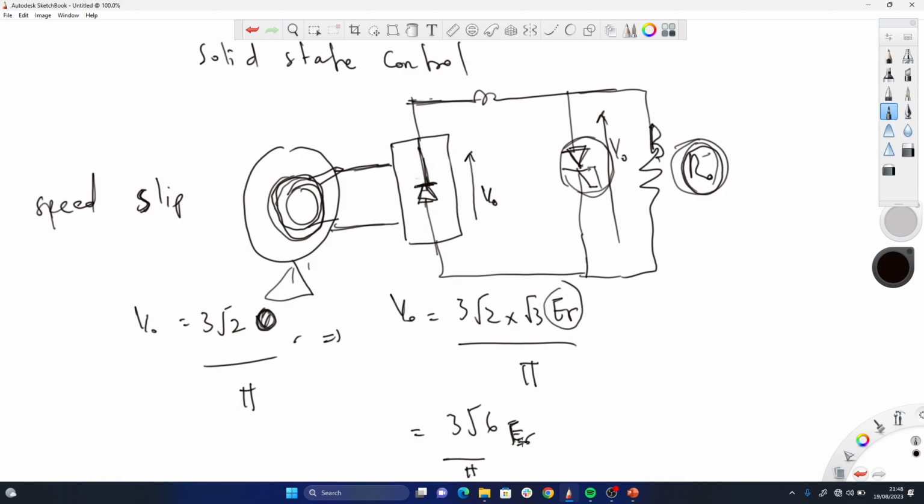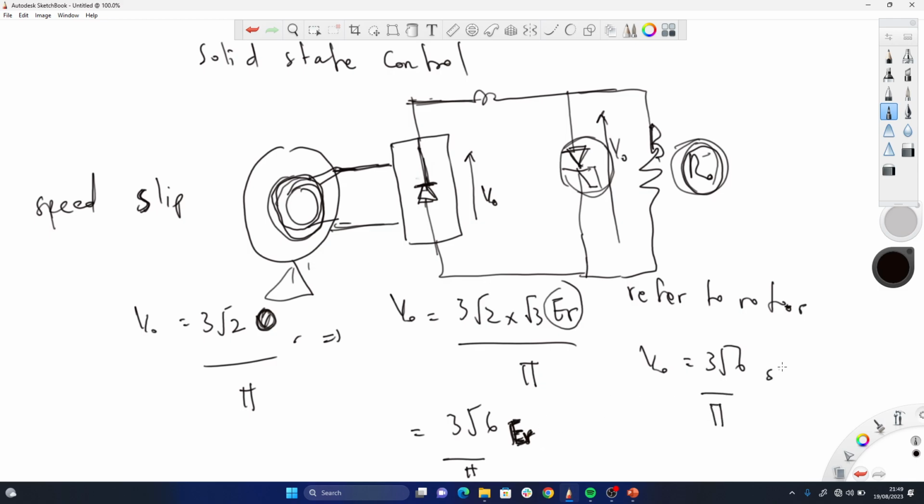Now when I refer ER, we are working at the rotor side. ER is for the primary. So when I refer to the rotor side, it's always for the stator side. When I refer to the rotor side or secondary side, I'll have my V naught equal to 3 root 6 over pi times ER.